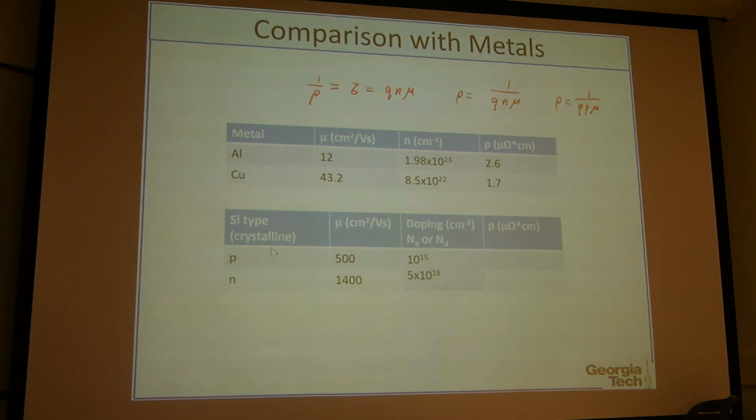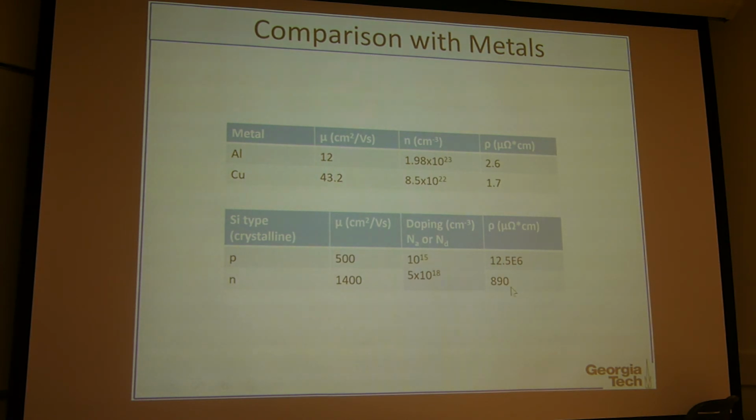Then we look at the silicon here. Here is the mobility for silicon. For example, for the electron, here we have this 1400. And if the doping density is 5 times 10 to the 18, then you can plug in the numbers to get the resistivity. And then the other doping level, this is for N-type doping, so here you have ND. Here you have NA for the P-type. Then you can plug in the numbers and get the resistivity.